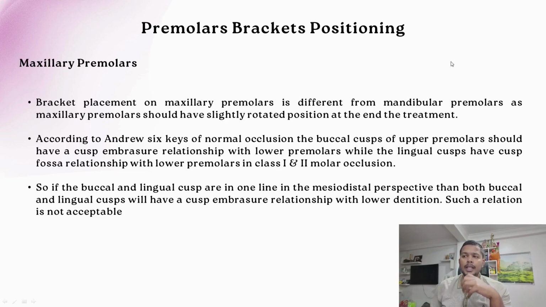If the buccal and lingual cusps are in one line in the mesiodistal perspective, then both the buccal and lingual cusps will have a cusp embrasure relationship with the lower dentition. Such a relation is not acceptable.